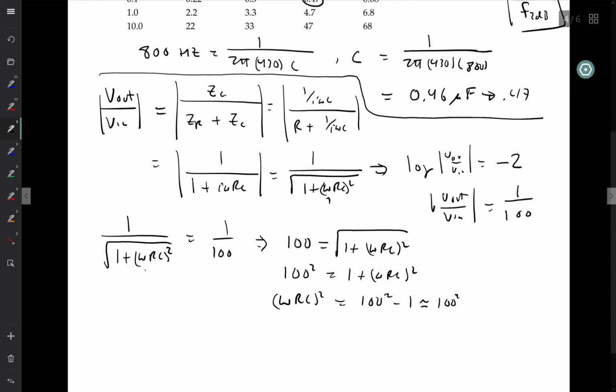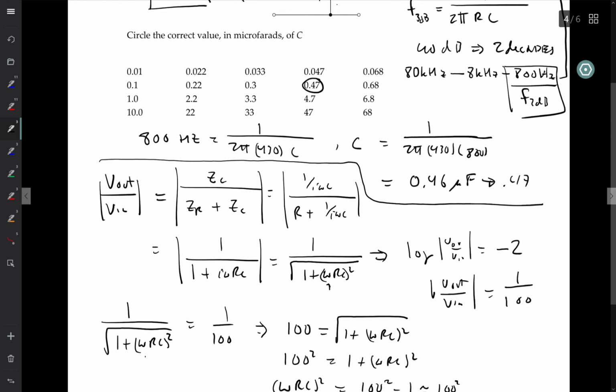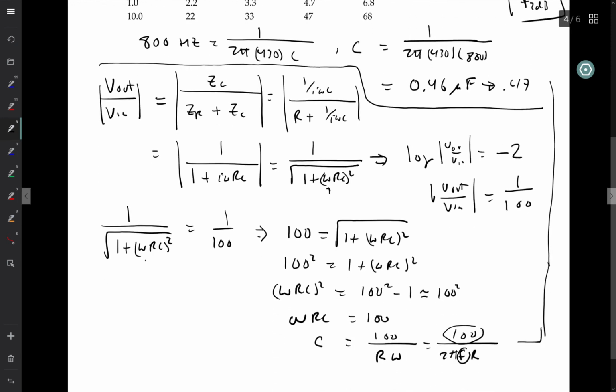So I'm just going to say that omega RC is equal to 100. Then I can write C is equal to 100 divided by R omega, which is equal to 100 over 2 pi F R. And you can basically see that this 100 and that F, which is 80 kilohertz, gives me the same value for C as this version up here. Okay, that's it.